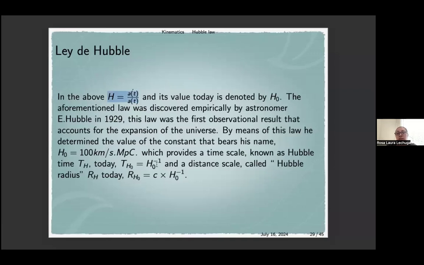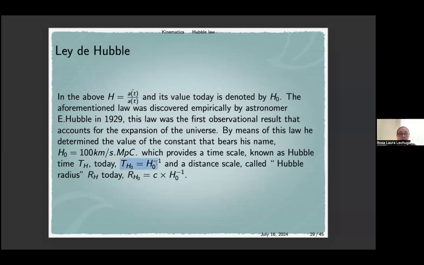But the expansion also gives us other quantities, such as the Hubble radius and the Hubble time. The radius can be obtained using this product, where c is the speed of light and this H is the inverse of this quantity. As I mentioned yesterday, the H node represents the value we are talking about today.